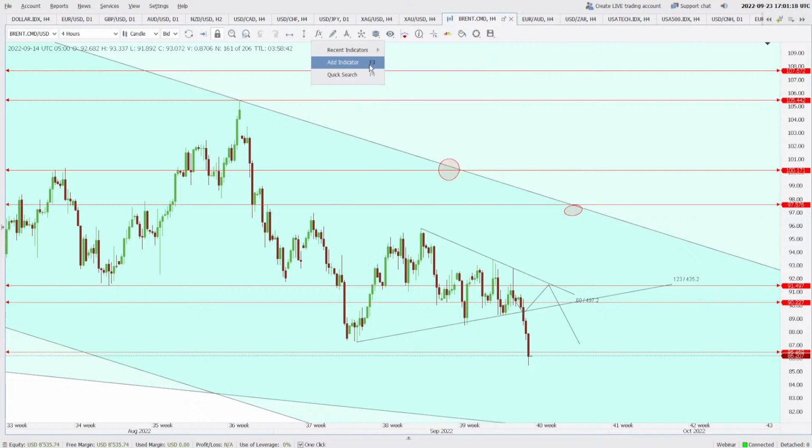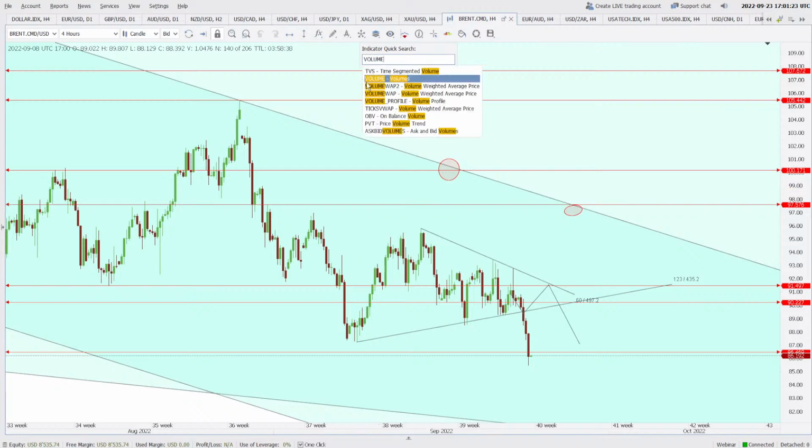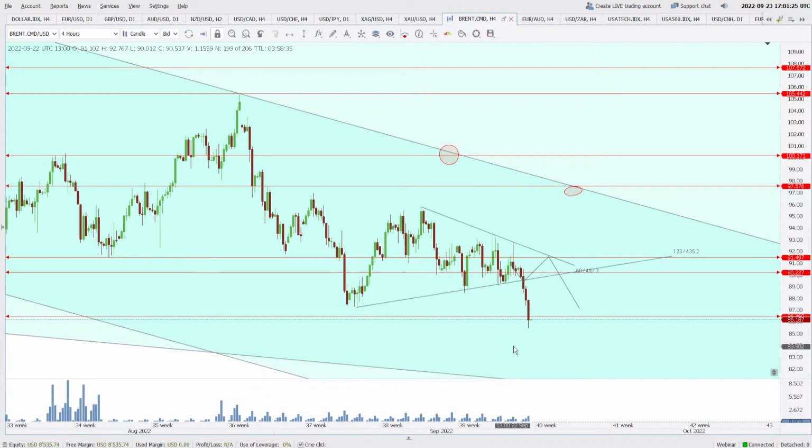I will tell you in advance whether this is a valid break or not. Okay, this doesn't look like a very good break. I think we are going to see an up move from 86.46 for some time.